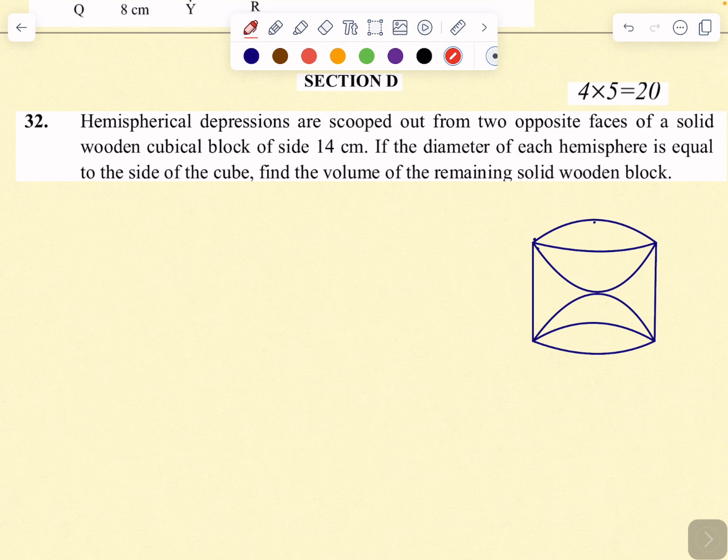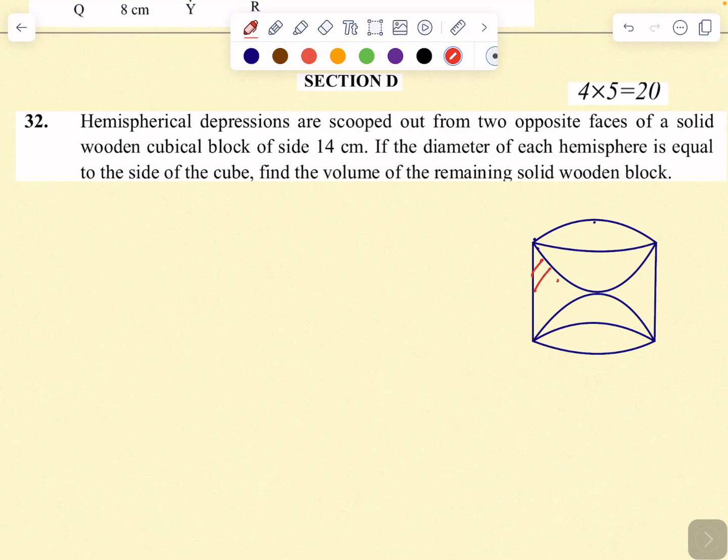Now you see, in this given figure, let us assume this is a cubical solid wood, a cube face of one side. From this we scooped a hemispherical shape, which has a diameter equal to the side of the cube. Then we need to find the volume of the remaining wooden block.